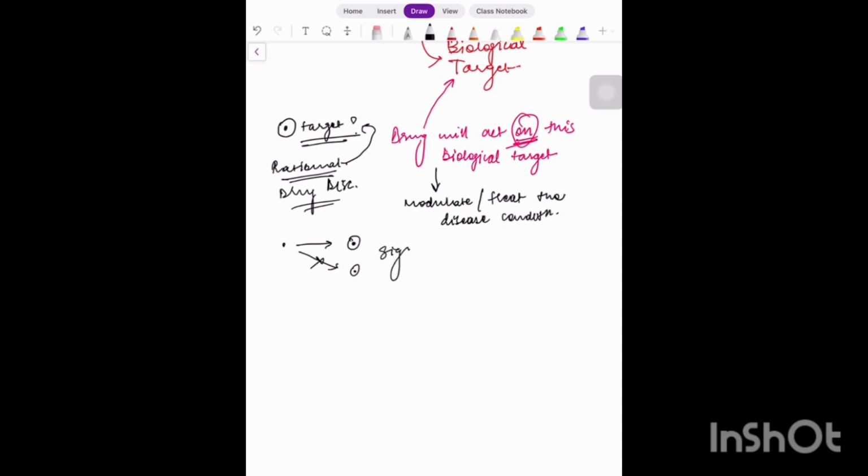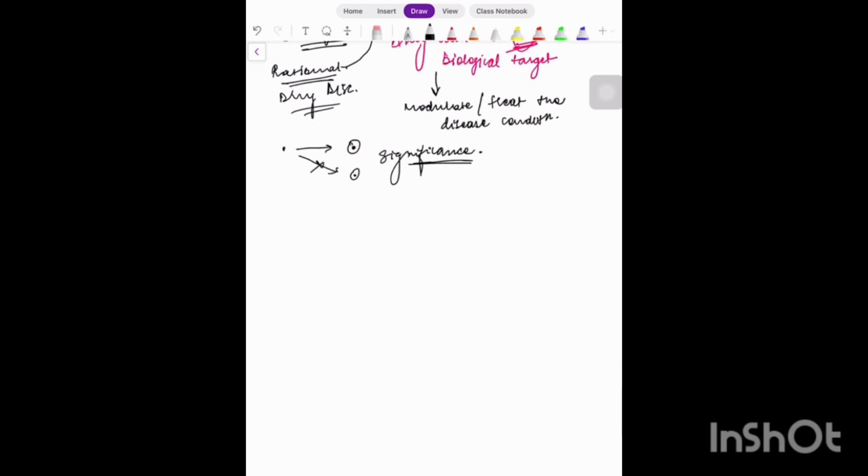Know what you're doing. A very simple example from day to day life: there is a wedding, and you'll have to buy a lehenga, the wedding attire, and that is fixed.